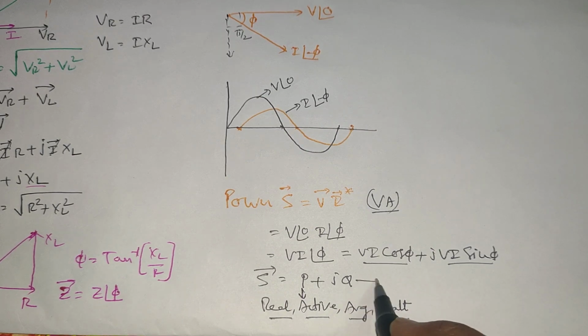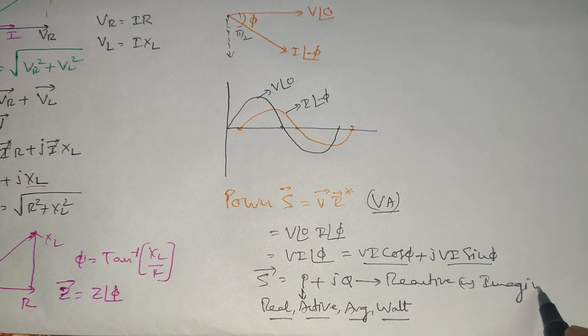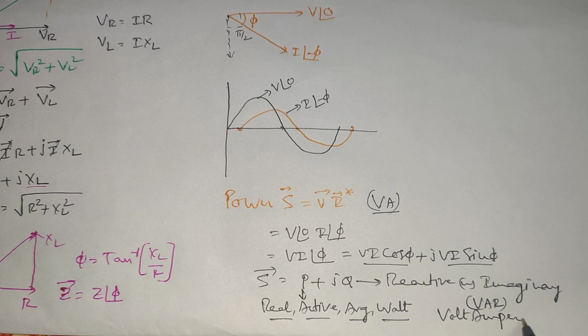Whereas Q is considered as reactive power or imaginary power, and the units are VARs, that is volt ampere reactive.